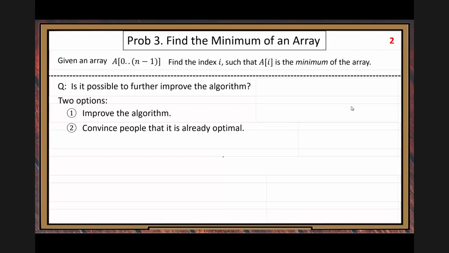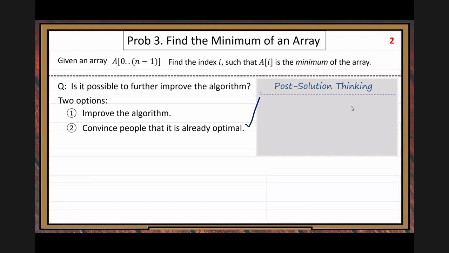You just accept the solution and take it forever. So that's the optimality issue we want to discuss here.